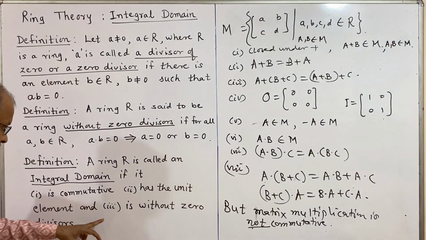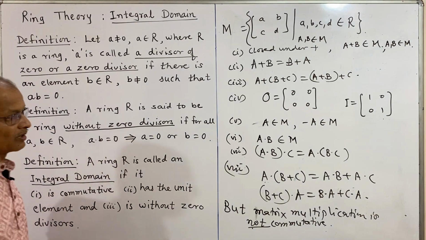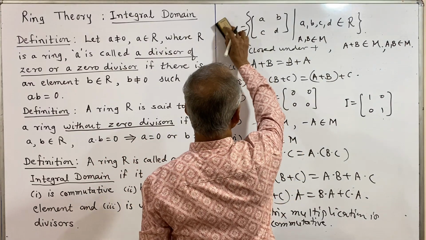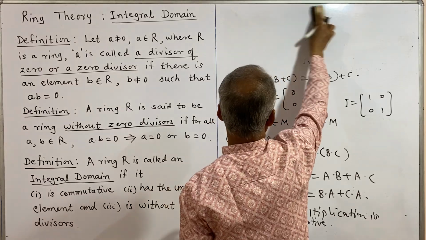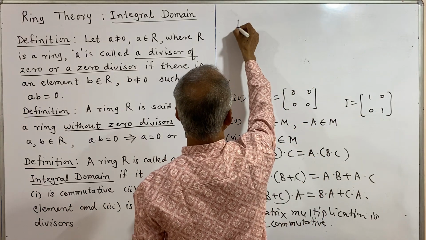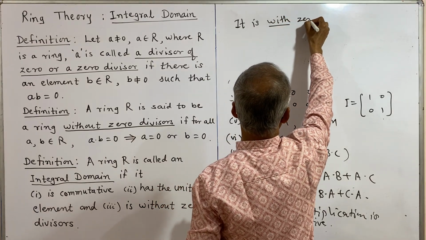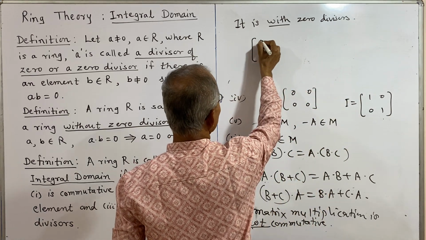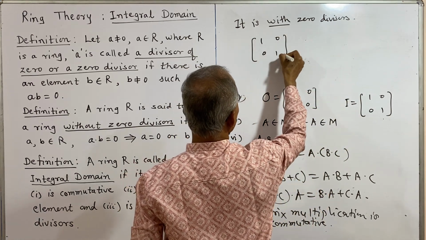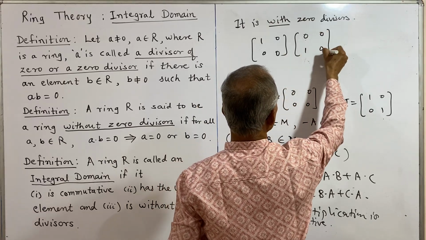And again, whether it is without 0 divisors? No, it is with 0 divisors. We have just seen an example of 0 divisors, because this example we have seen, and other examples can also be constructed.